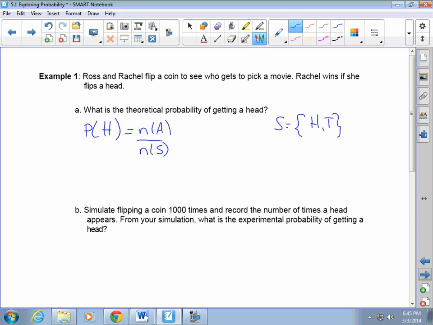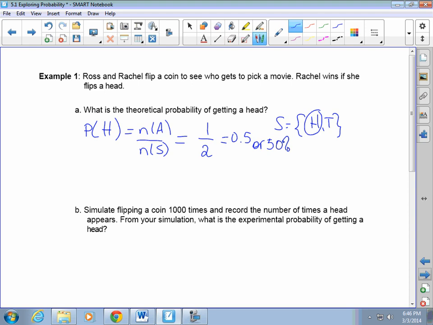What does she have to get? The head. So the number of favorable outcomes for that event is 1. Number in the sample set is 2. So it's a half, 0.5, or 50% chance that she's going to get the outcome she wants.